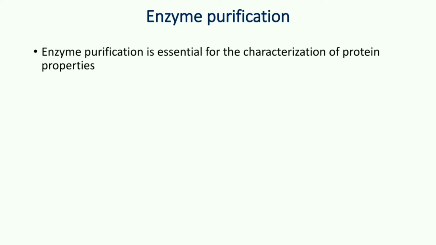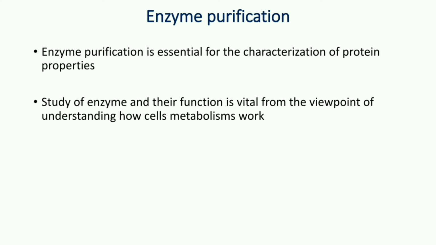Purification also helps us to study the kinetic properties of an enzyme with better precision. Hence, the study of enzymes and their function is vital from the viewpoint of understanding the cell's metabolism as well as kinetics.